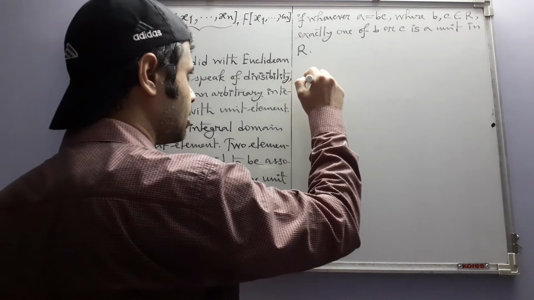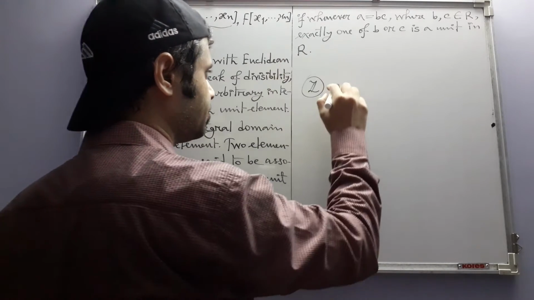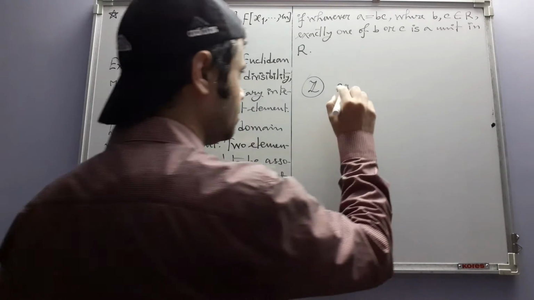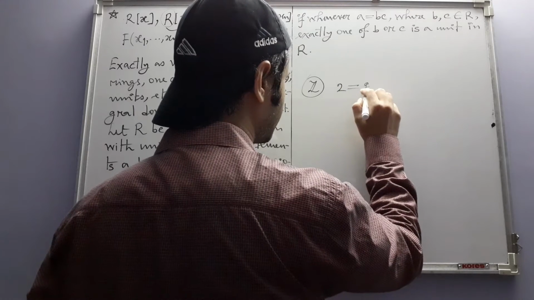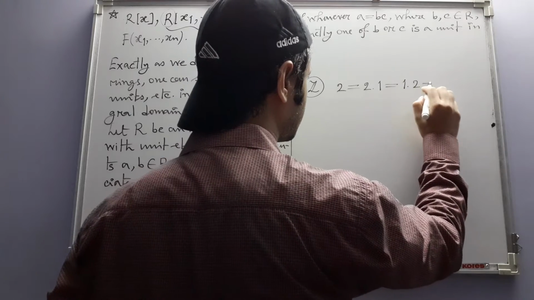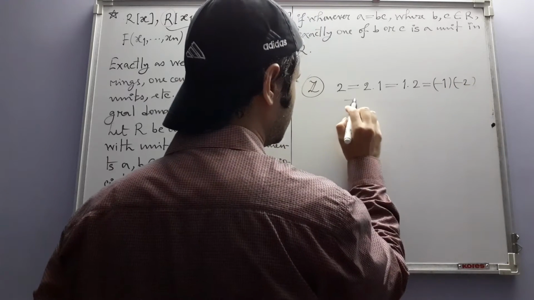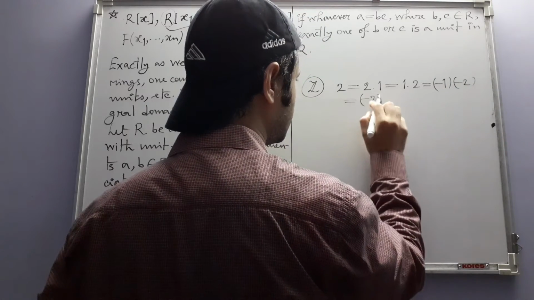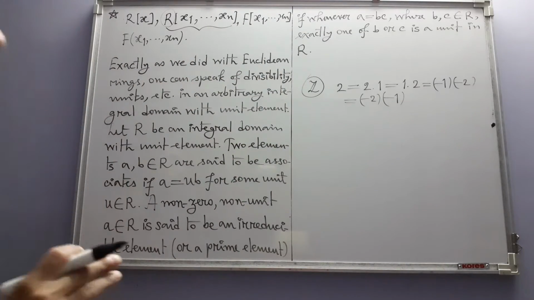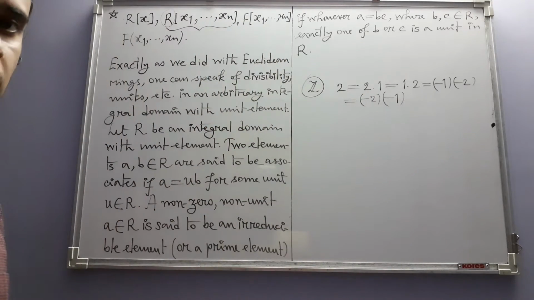For example, in our familiar integral domain of integers, you know that 2 is a prime element, because in the possible factorizations of 2 as a product of two integers, you see that in each one of them exactly one of the factors is a unit. In the first two cases, that unit is 1. In the second two cases, the unit is -1.